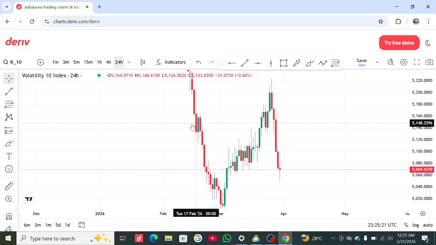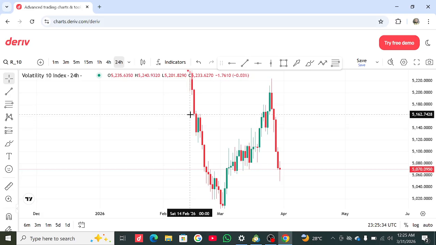At the end of this pullback, there is what we call, like I told you guys, a change in the state of delivery, which can happen in any time frame. I can even see that there is a change in the state of delivery in this daily time frame. When we talk of a change in the state of delivery, it's when you see a series of candlesticks pointing in a particular direction.